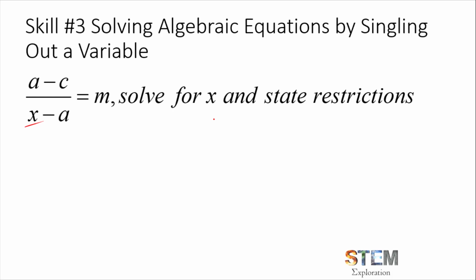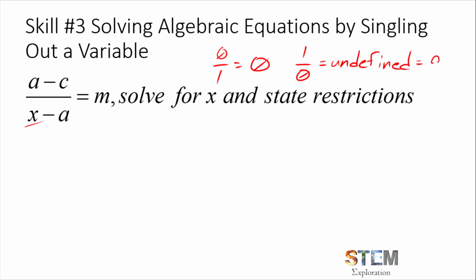So for example, if you have 0 over 1, you know that this is equal to 0, and this is a real number. This is something that is quantifiable. But if you have something like 1 over 0, okay, this is undefined and is not possible.